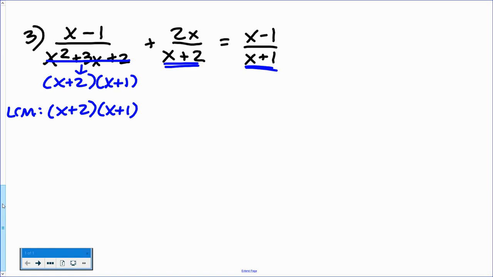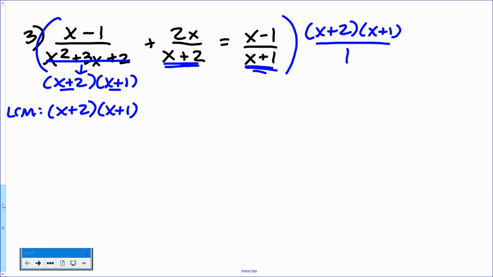Okay, so if I multiply by x + 2 and x + 1, I will be able to get rid of that, that, and that. So I'm taking everything times x + 2 and x + 1. The denominators are only being multiplied by 1, so they are not going to change.